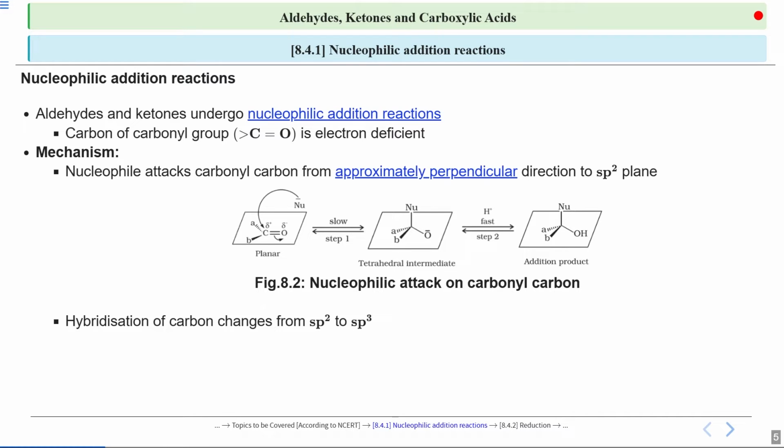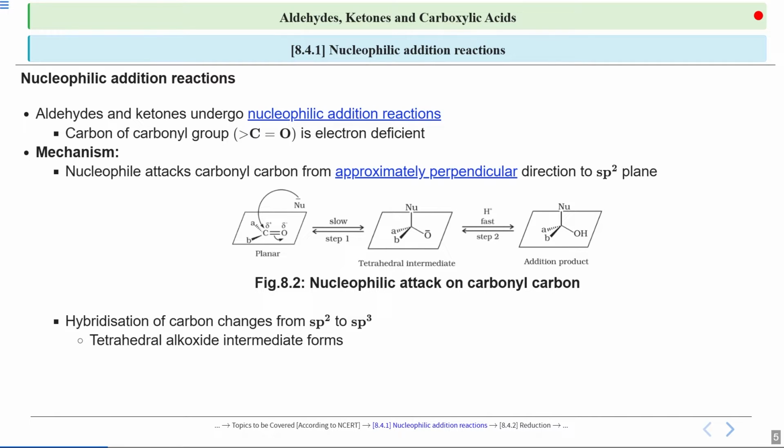If you look over here, students, the hybridization of the carbon is sp2, but when the nucleophile attaches, it changes from sp2 to sp3. This means that the carbon goes from a flat planar shape to a more three dimensional, tetrahedral shape. So now it is a tetrahedral intermediate.